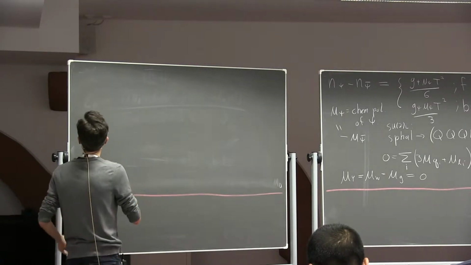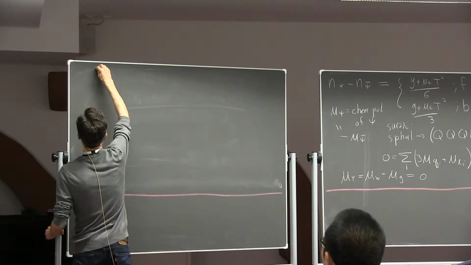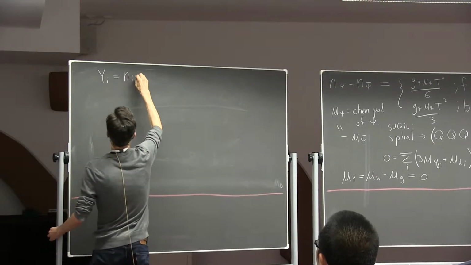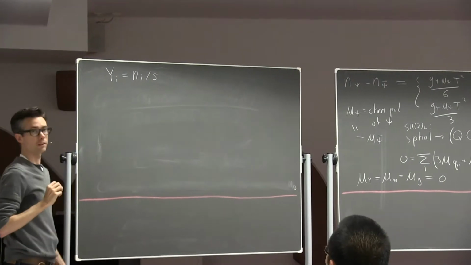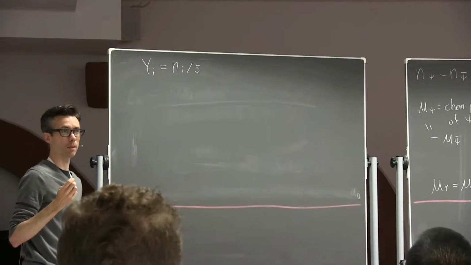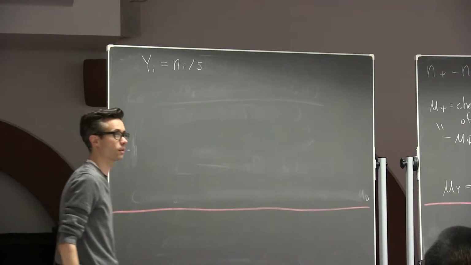So the Boltzmann equation is relevant here. I'm going to use a slightly different set of variables than I used previously. So I'm going to define what are called yields as the ratio of the number density of a particle type i relative to the entropy density. So little s is an entropy density.